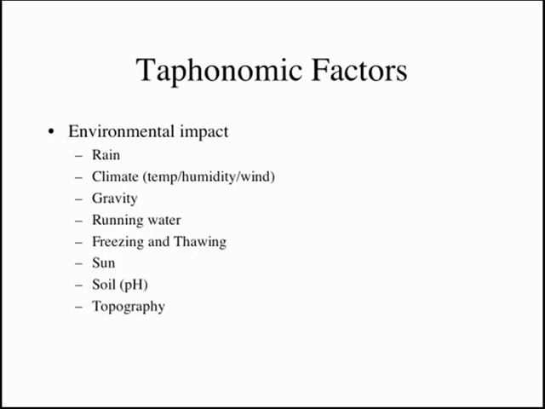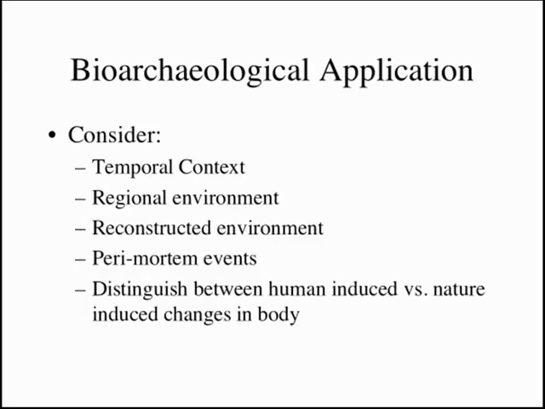So if it's moved towards gravity, there may be more infestation, or there may be rain that's pooled at a certain part of the body, and a certain part of the body decomposes at a different rate than the rest of the body. There's running water that pulls and draws things away, freezing and thawing, sun, the soil pH as we talked about, and also the topography, which includes, has there been a ventilating environment, if you will.